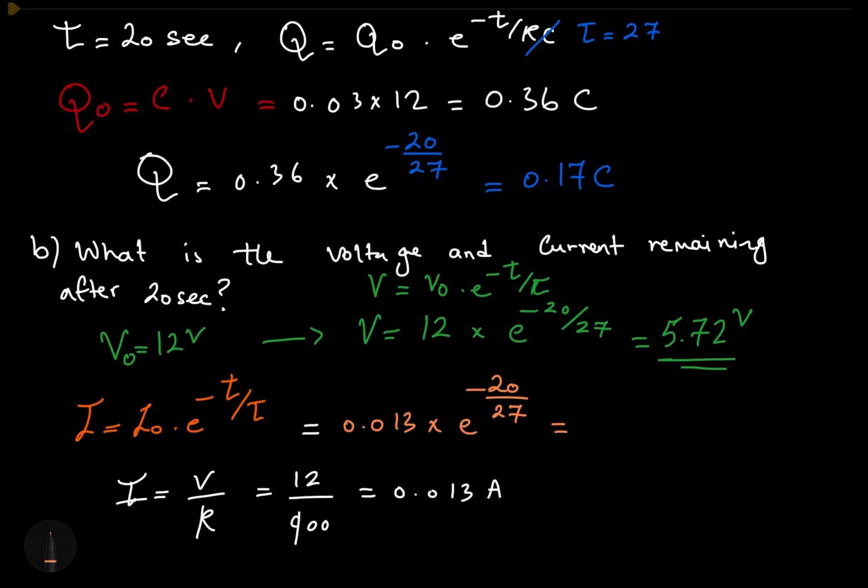Actually, it's going to be a really small value. It's going to be 6.19 times 10 to the power of negative 3 amps. So that's going to be the amount of current left after this time passes.